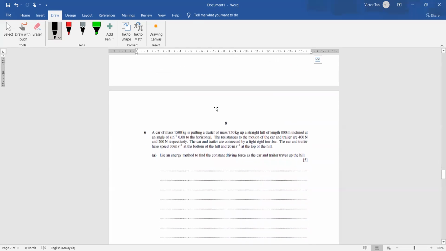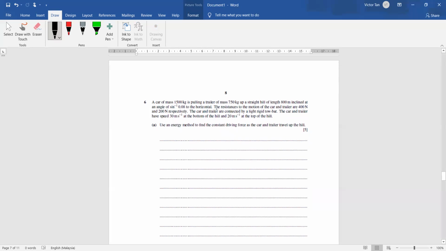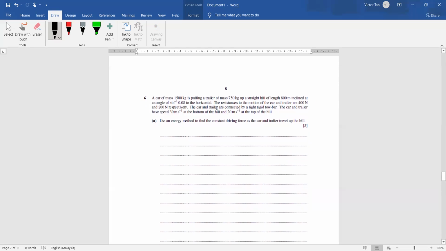Okay, next question. A car of mass 1,500 kilogram is pulling a trailer of mass 750 kilogram up a straight hill of length 800 meters, inclined at an angle of arcsine 0.08 to the horizontal.